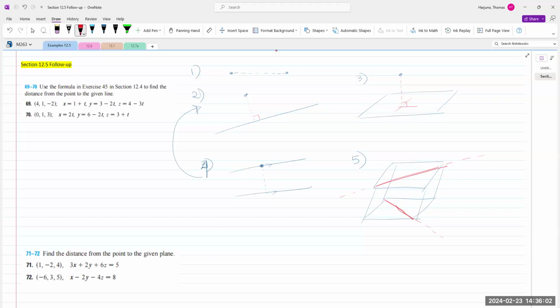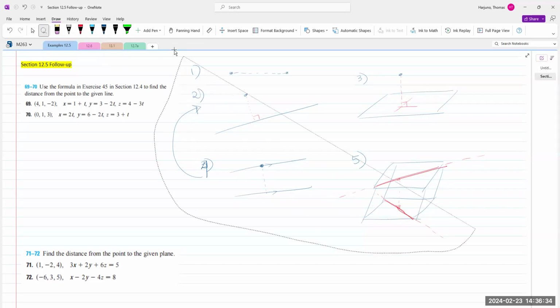How will we find the distance between these two lines, which is basically the distance between these two parallel planes? When we say the distance between these two skewed lines, it must be the closest distance. That's the distance between those two planes. Okay, those are the things that I will do in these videos here.